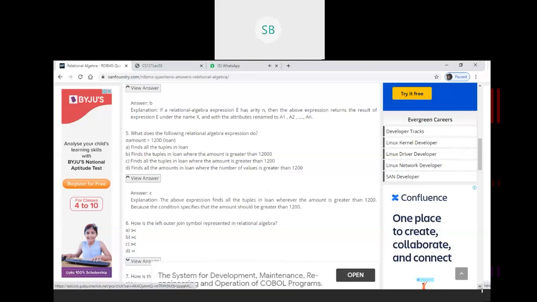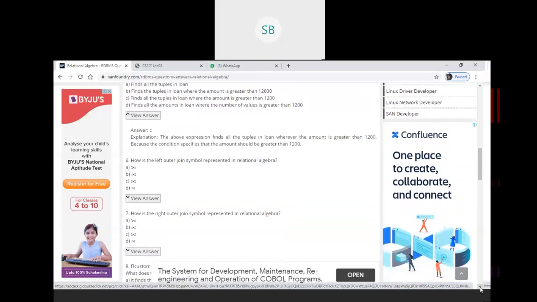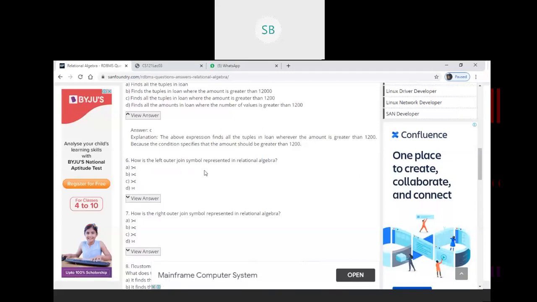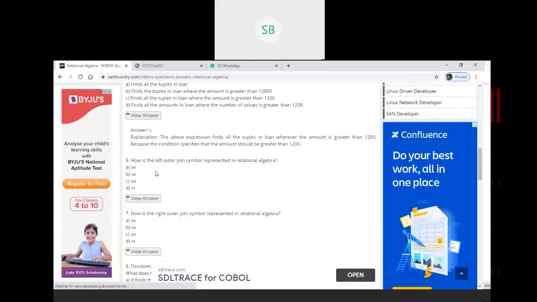Now, just now we studied one thing. I'll show you one example. Yesterday we saw the symbol for the join operation. When we have the left outer join symbol, we know that the join simply looks like a cross or something. So when we have a left outer join, how will it be represented in relational algebra?